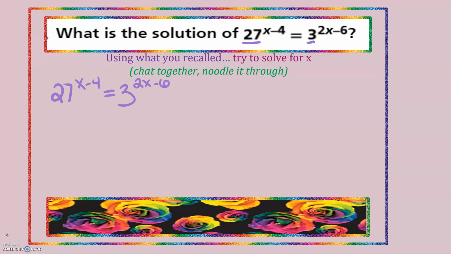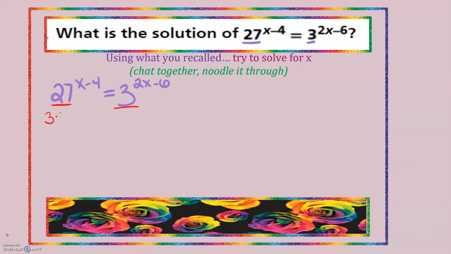Okay, so remember the last time we talked about it's super important that we have the exact same bases. That means we need our base to be the same value. And since I know that I have no number that's times itself that can get me 3, that's going to be my base. So how would I get 27 to have the same base of 3? Well, I would definitely need to do a 3 because that's the base.